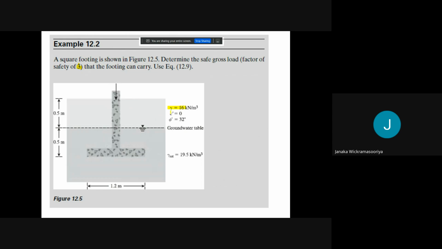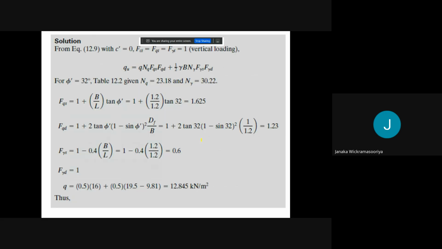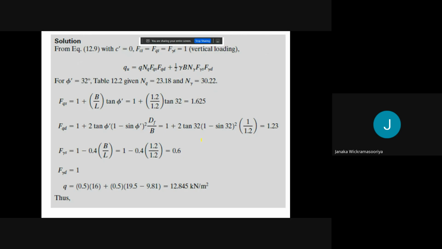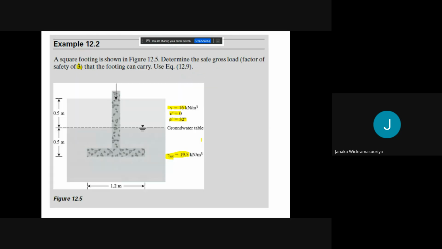Gamma, C dash, all the values are given. Quickly do it. The answer is given in Meyerhof's method. Therefore, shall we try Terzaghi's method?